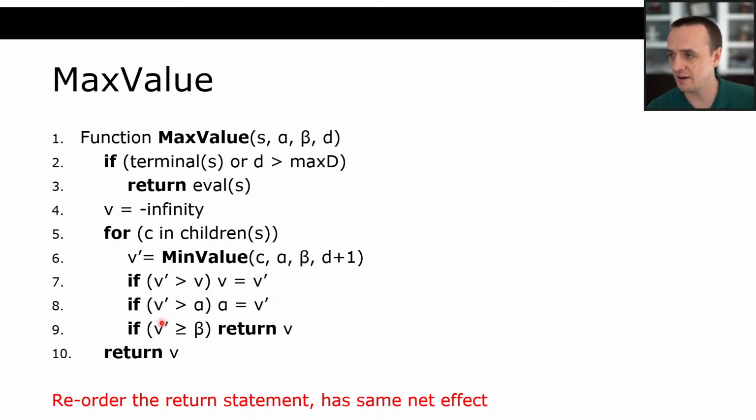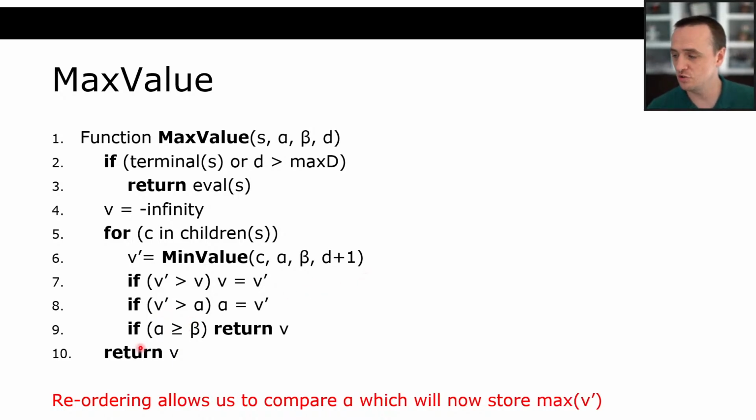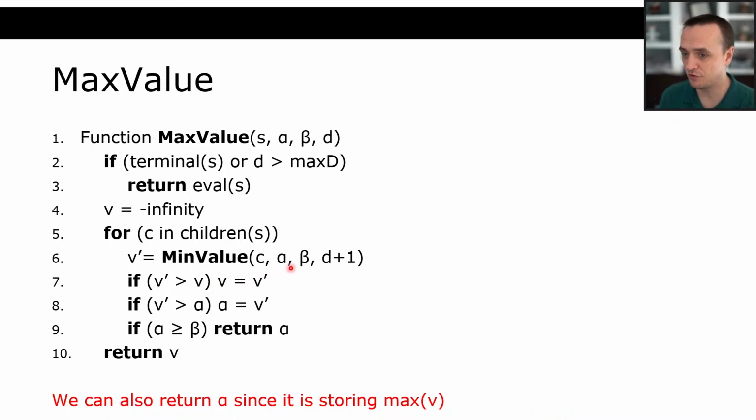And then I'm calling that V prime. So what I can do is just use alpha, right? Where I was returning V, that value is now stored in alpha. So here I'm storing V prime in V, but now I can just return alpha, which is also storing V prime.